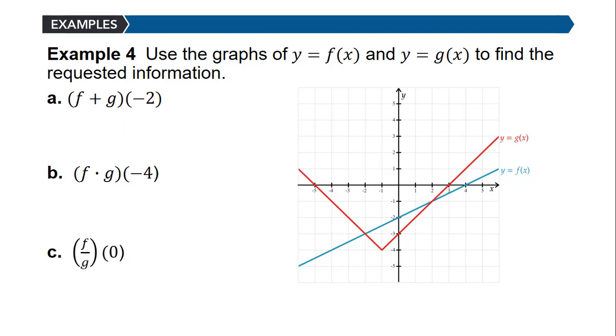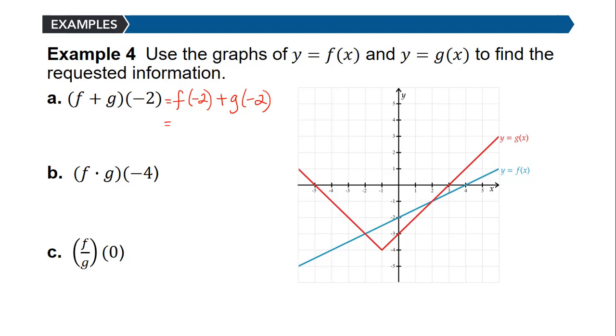We're asked to find f plus g of negative 2. So we do this by applying the definition first. This is equivalent to f of negative 2 plus g of negative 2. Now remember, on the graph, to find f of negative 2 means what is the y value when x is negative 2. So we go to our graph of f, which is the graph in blue.